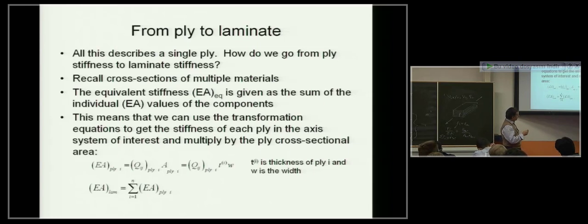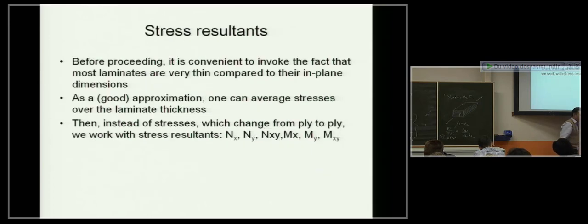And if the EA for the laminate is the summation of the EAs, with w the width, I can calculate the overall EA as a function of the individual EAs for each ply. Now I know I'm skipping steps here, but if you are having difficulty, let me know and we can cover it again.